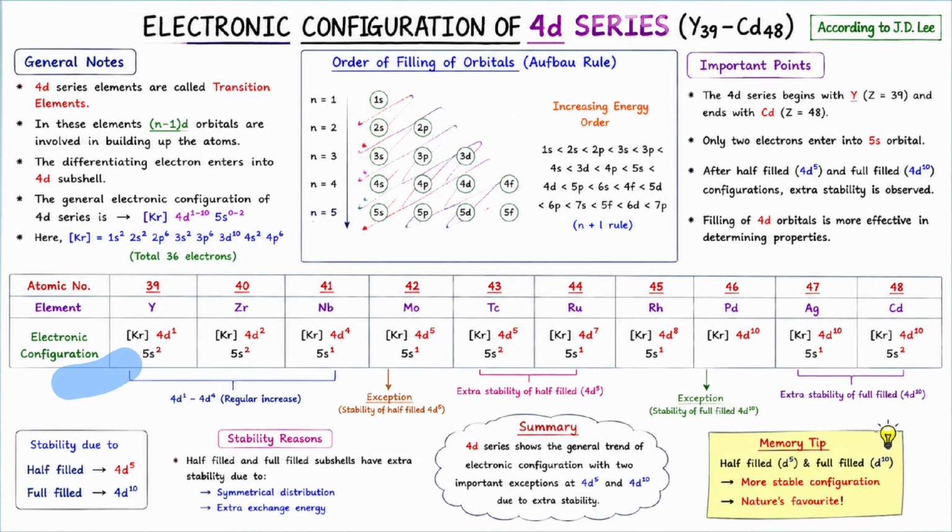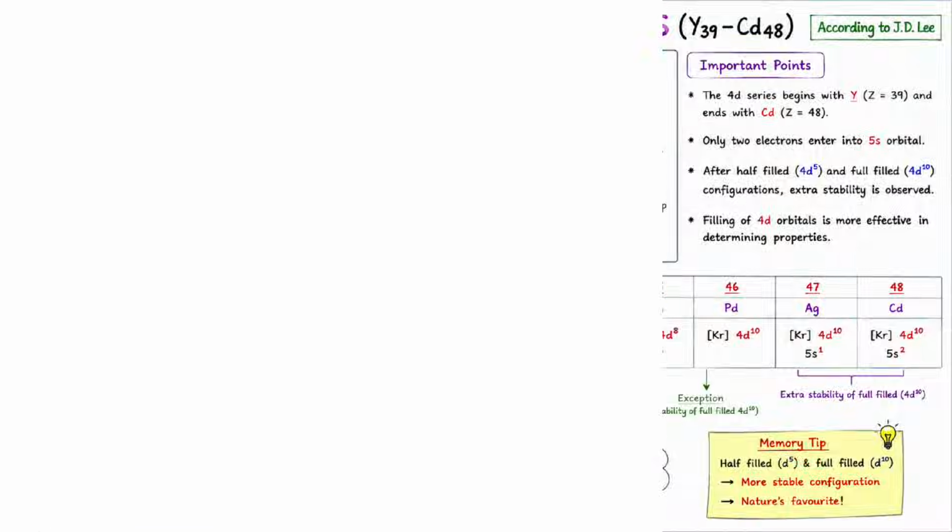I think it should be very clear what the general trend of the 4d series electronic configuration is. It is just like the 3d configuration. As we studied in the 3d series, the general electronic configuration is (n-1)d with electrons in the range of 1 to 10, and ns 0 to 2.